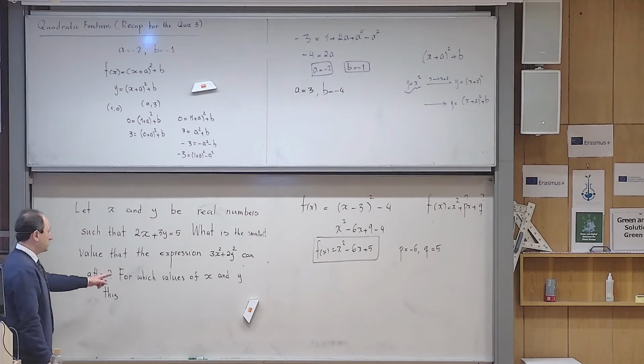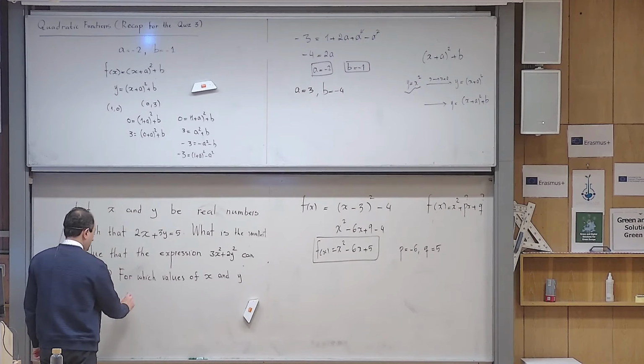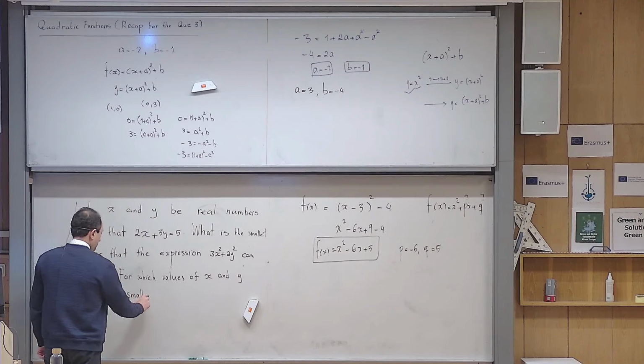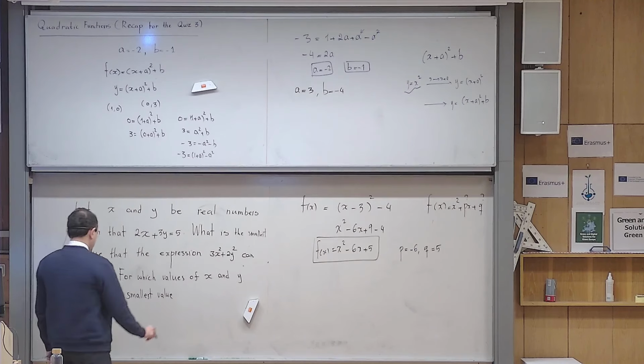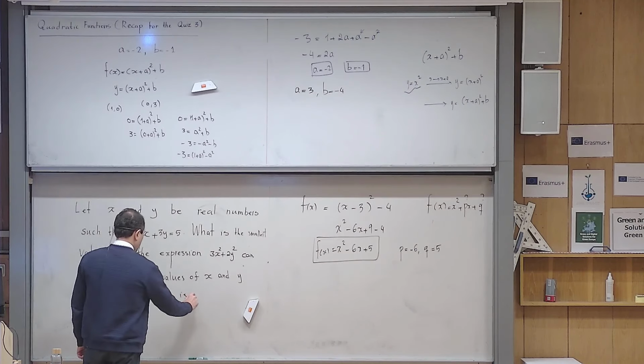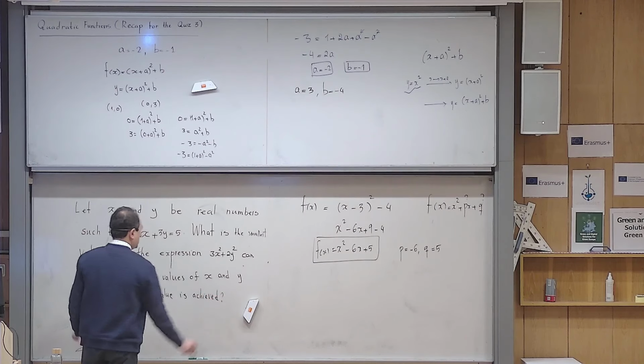For which values of x and y is this minimum value, this smallest value, achieved? Or something like this. I hope that you understand what I mean.